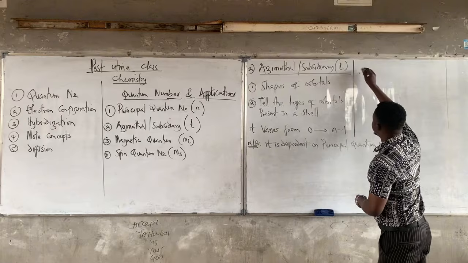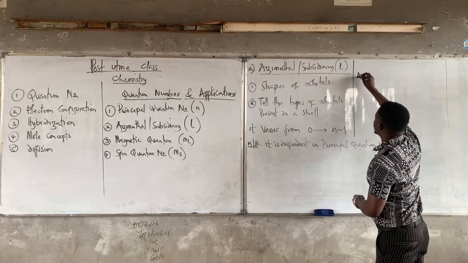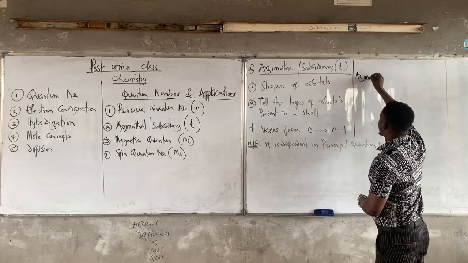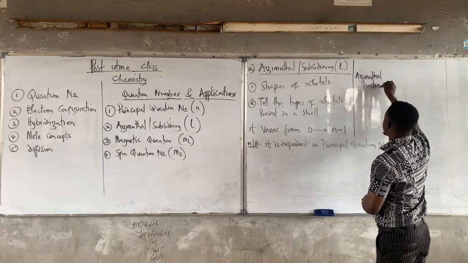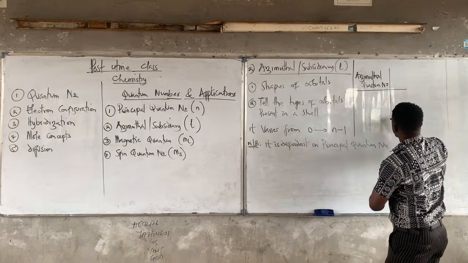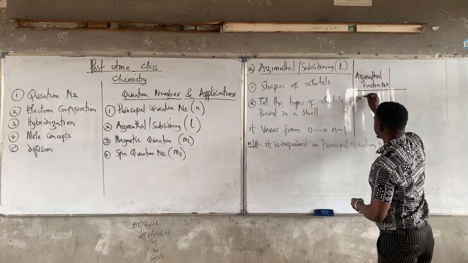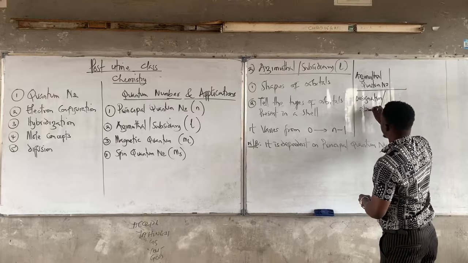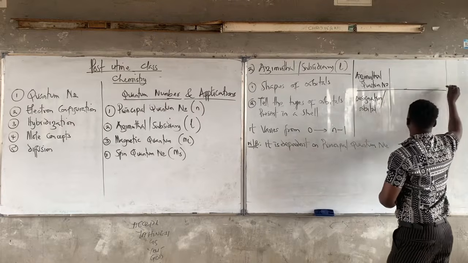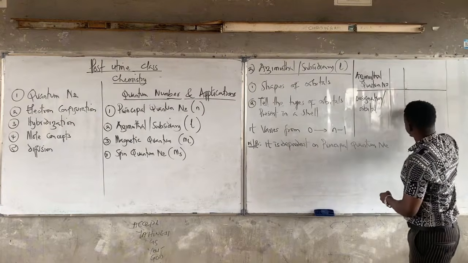So let's now look up the azimuthal quantum number, designation, or orbitals.